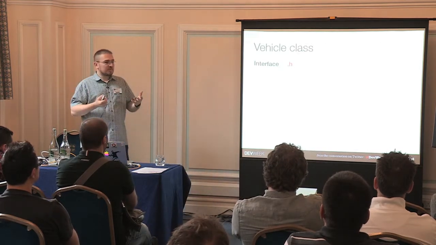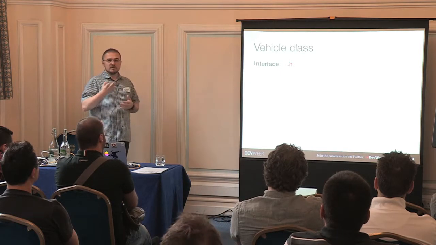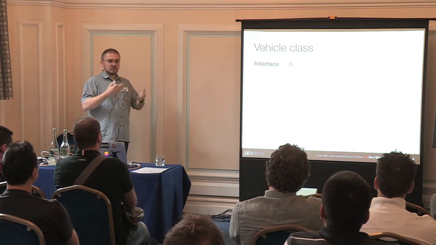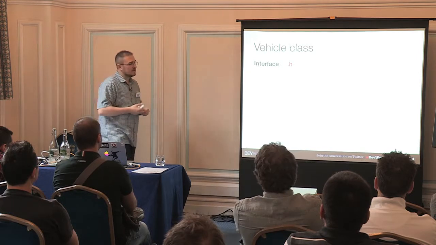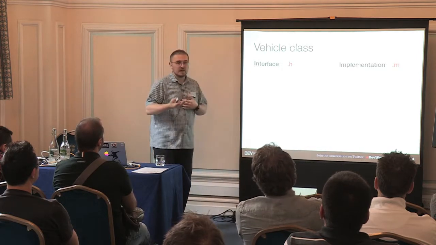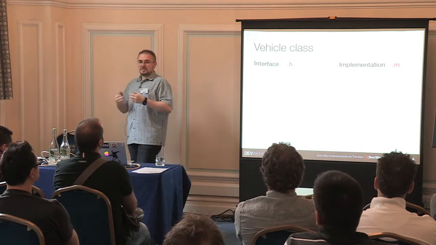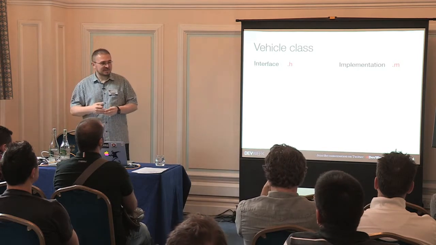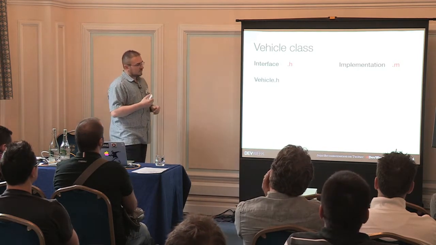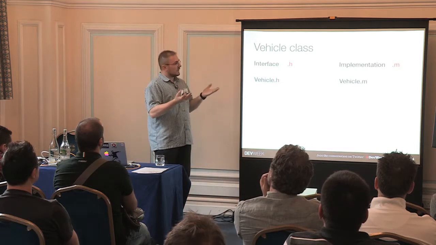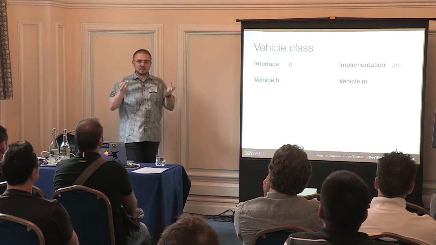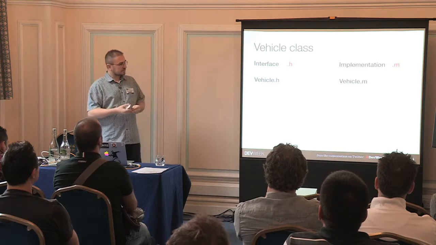In the same way with C++, you have the .h and the .cpp, or the .h and .cs for the C# guys. Here we have a .h and .m. The reason it's called M is because it's an implementation, right? When you declare a class, a class is like a blueprint that you use to create objects.